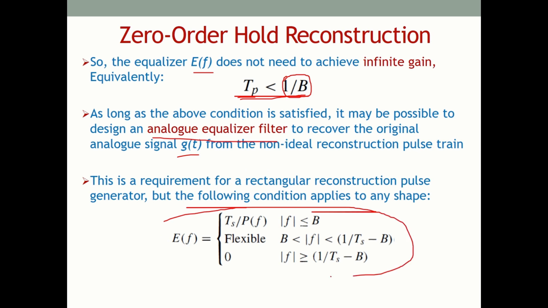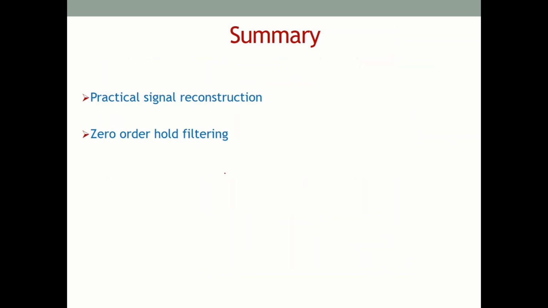So finally, in summary, this is the complete expression for the EF, and depending upon pulse shape PT, PF will change, and accordingly EF will also change. So in summary, we have considered practical signal reconstruction and zero order hold filtering.